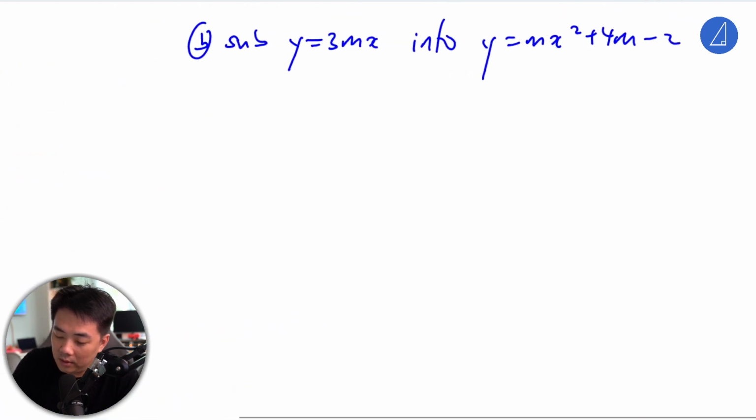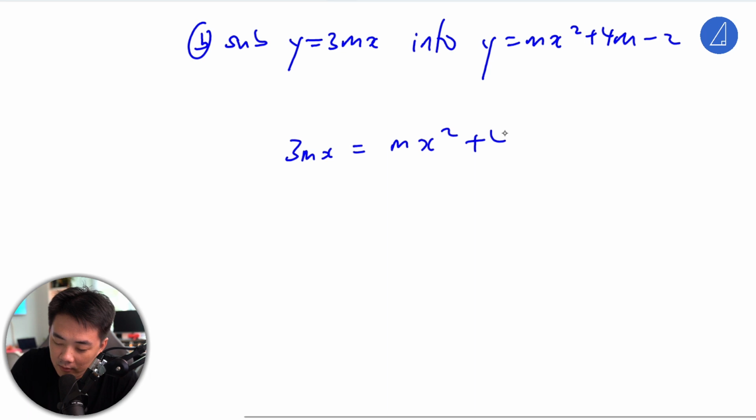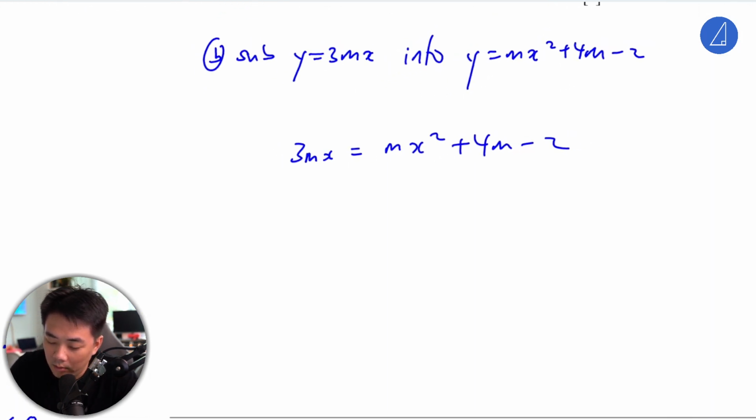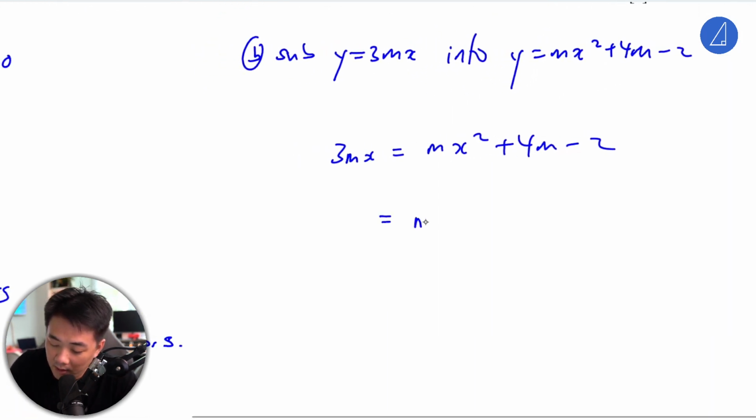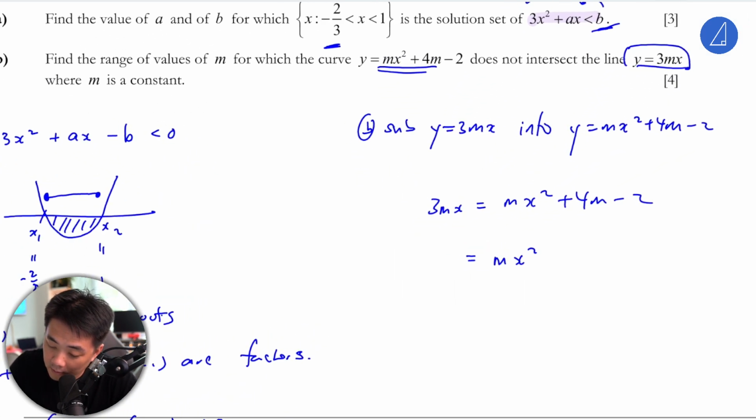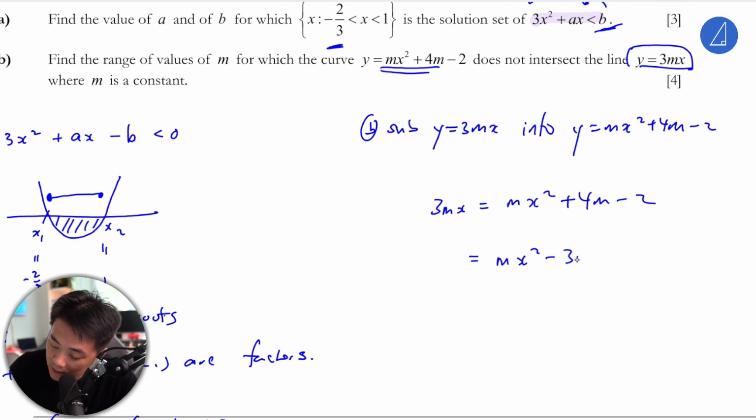So 3mx equals mx squared plus 4m minus 2. Going to the other side, we have mx squared minus 3mx plus 4m minus 2 equals 0.